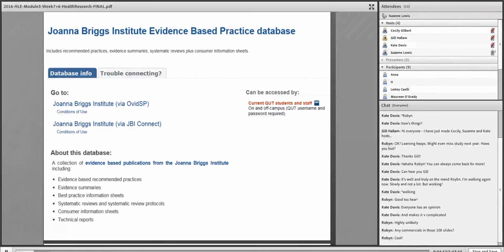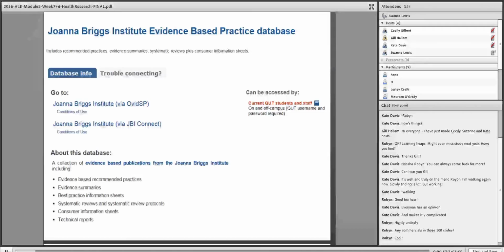So this is a screenshot from the QUT library website, and it shows you that the QUT subscription to the Joanna Briggs Institute gives you access via the JBI Connect website or via an Ovid search interface.